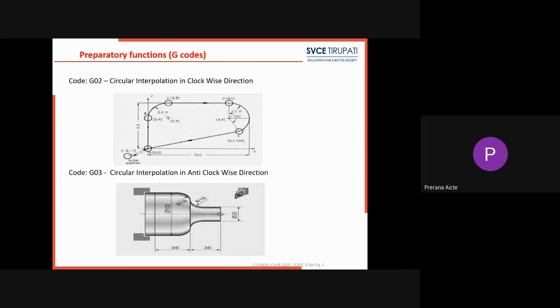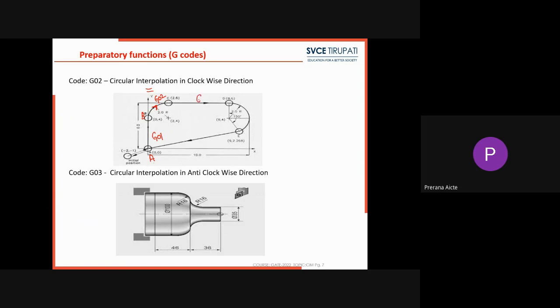Then the next one is G02, which represents circular interpolation. See here, the cutting tool starts from point A and moves up to point B. Here it is a straight profile, so we instruct the cutting tool with G01. Then the cutting tool has to move from point B to point C. Here we instruct the cutting tool with G02 because it is circular interpolation in the clockwise direction.